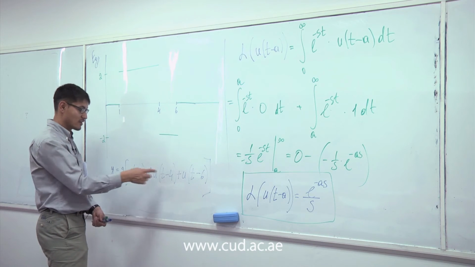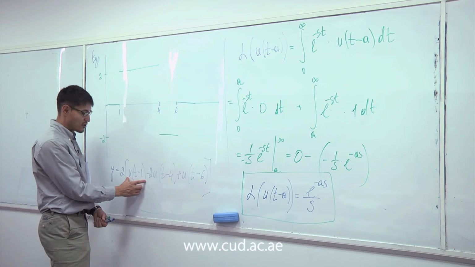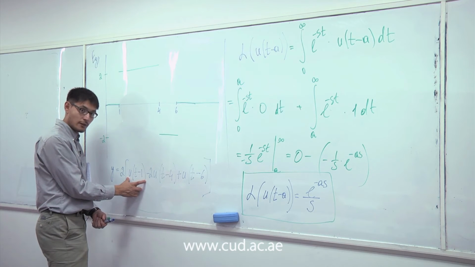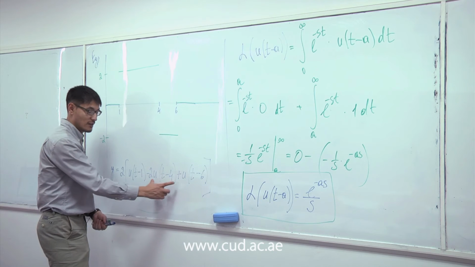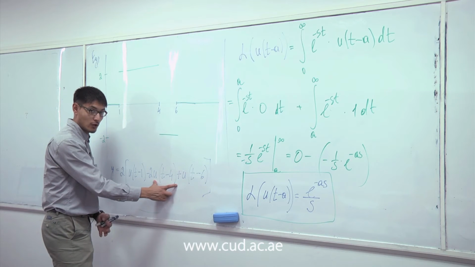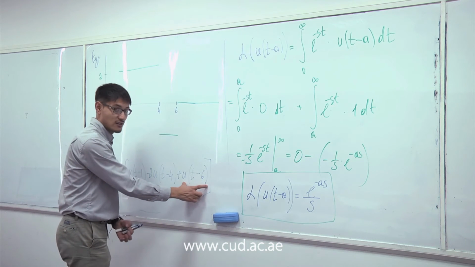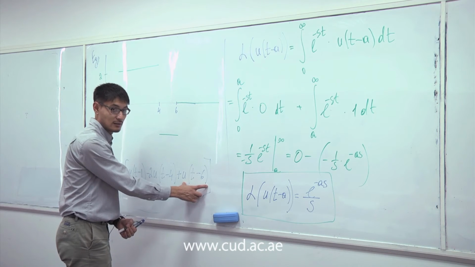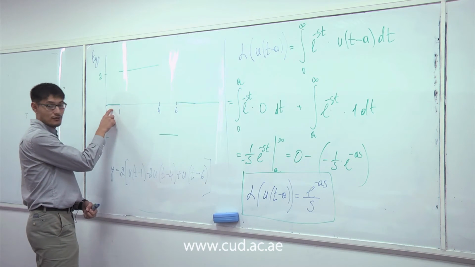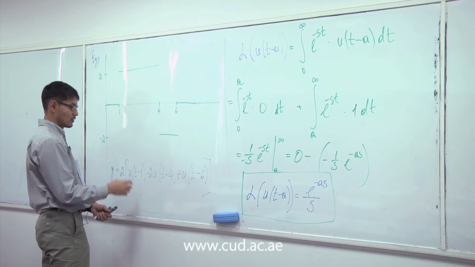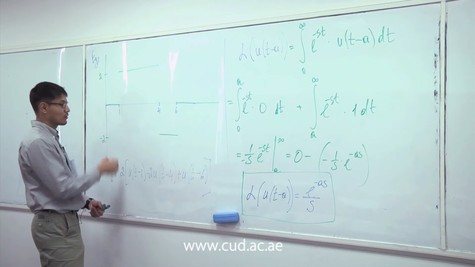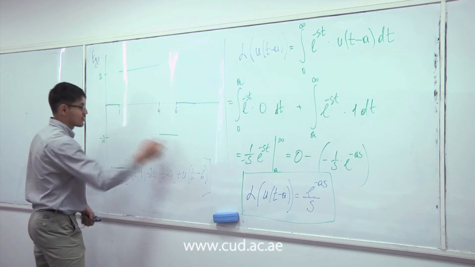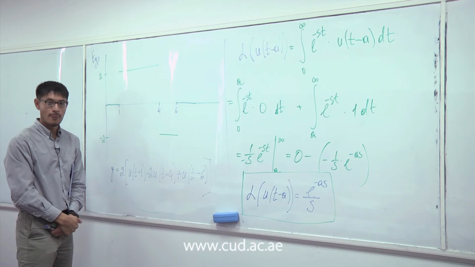Remember how the step functions work: this step function is equal to 0 until 1, this function is 0 until 4, and this function is 0 until 6. So on this interval, they're all going to be 0. So you have 0 times 2, 0. So the combination gives you 0.